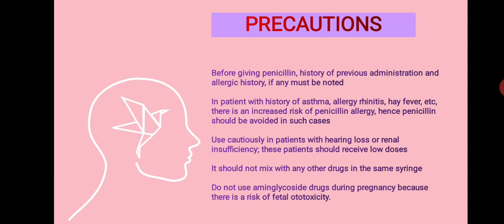It should be used cautiously in patients with hearing loss or renal insufficiency, or they should receive just low doses of penicillin. Also, it should not be mixed with any other drugs in the same syringe because drug interactions will occur. And aminoglycoside should not be used during pregnancy because there is a risk of fetal ototoxicity.